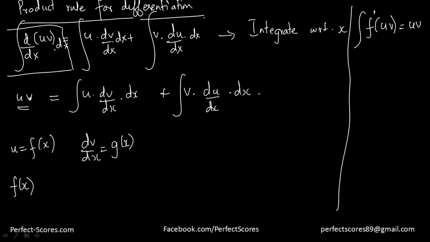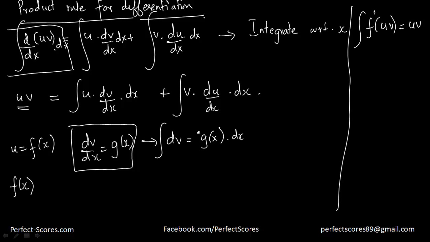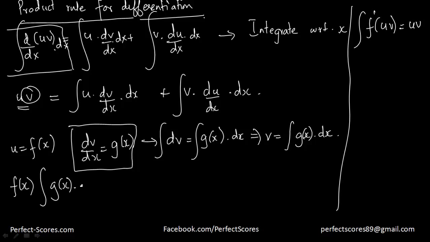And if dv over dx is g of x, then dv is equal to g of x dot dx, and if I integrate on both sides, v is equal to the integration of g of x dot dx.